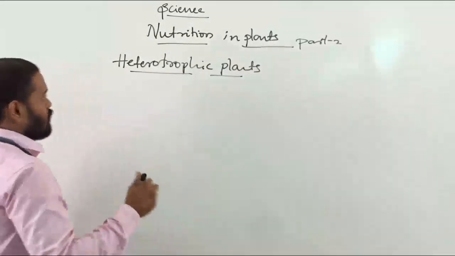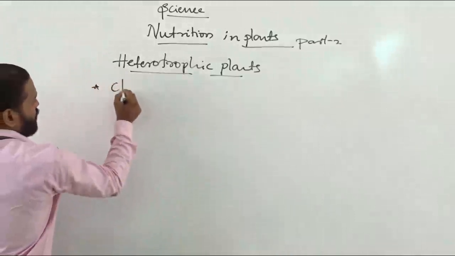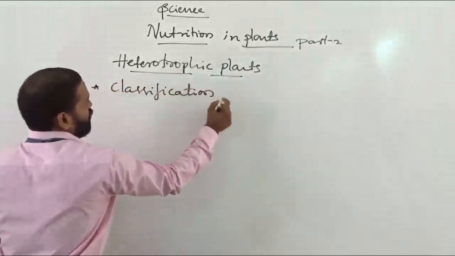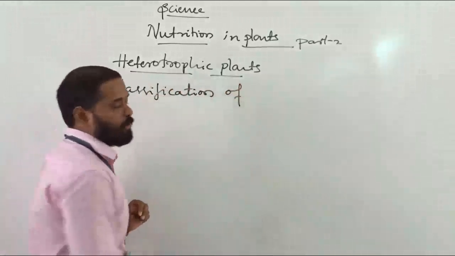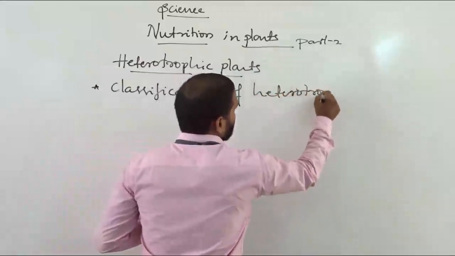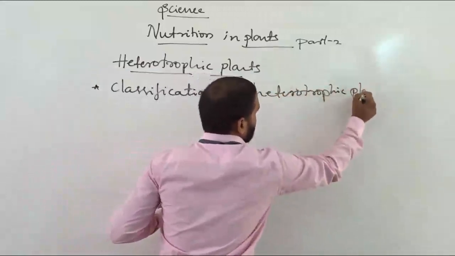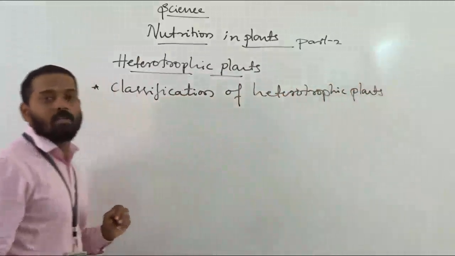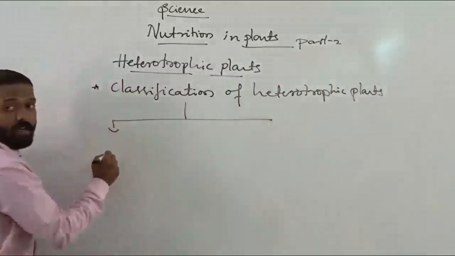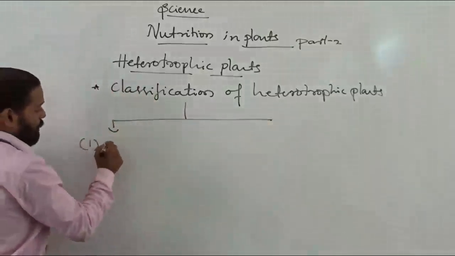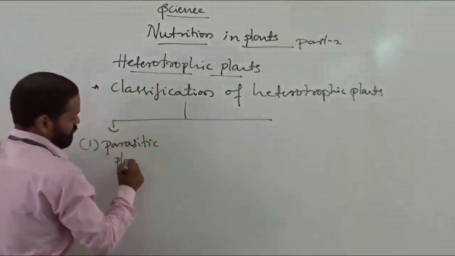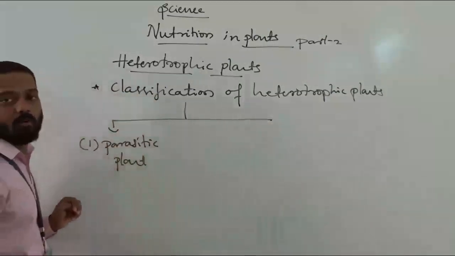So that is the classification of heterotrophic plants. There are 4. The first one is parasitic plants. This is also one type of heterotrophic plants.